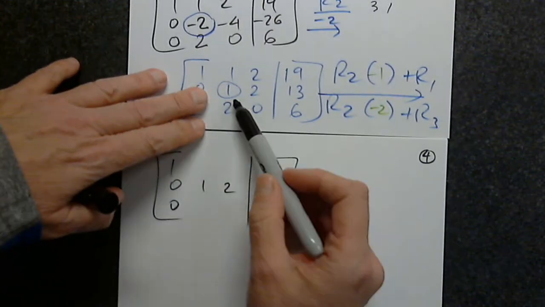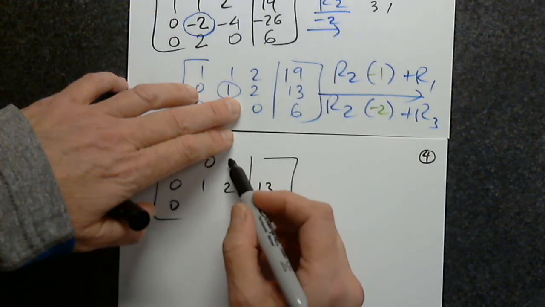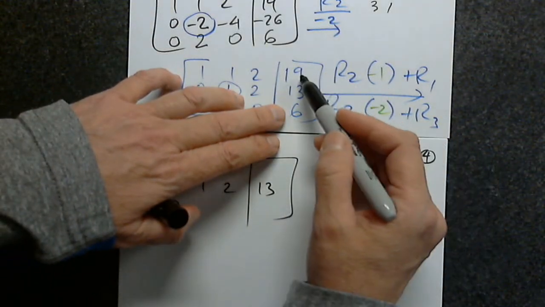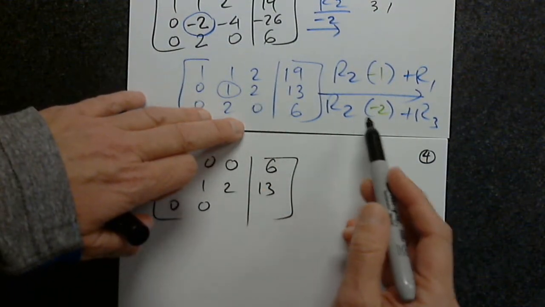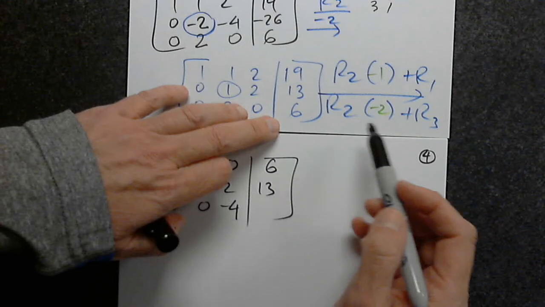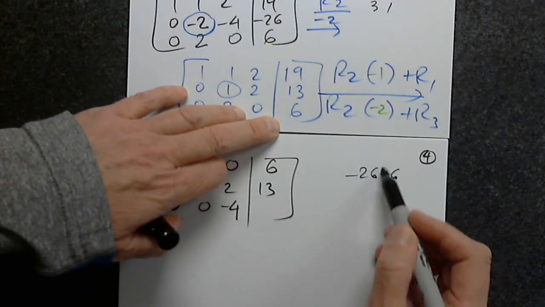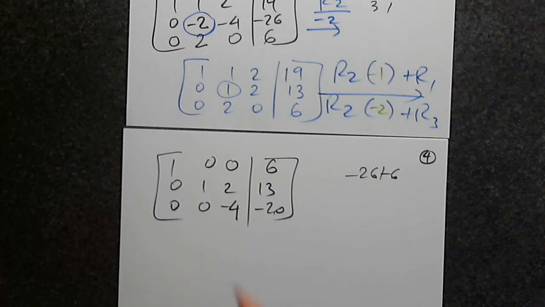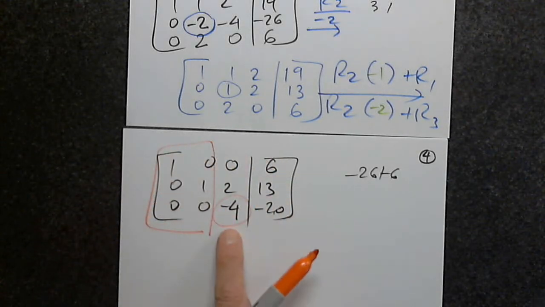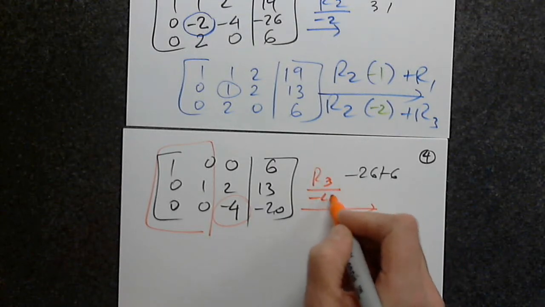Okay. 1 times -1 plus 1, 2 times -1 plus 2, -13 plus 9, -2 plus 2, -2, -4, -26 plus 6, -20. So now we accomplished all this. Now I'm here. All I need to do at this point is divide row 3 by -4.